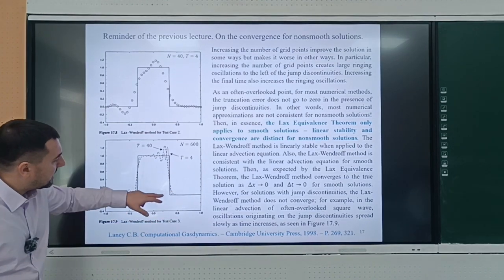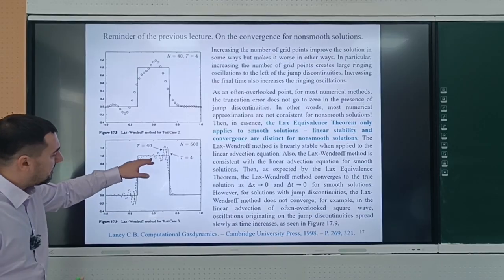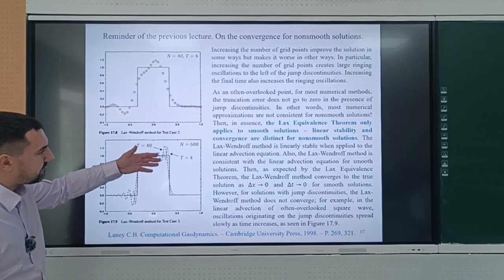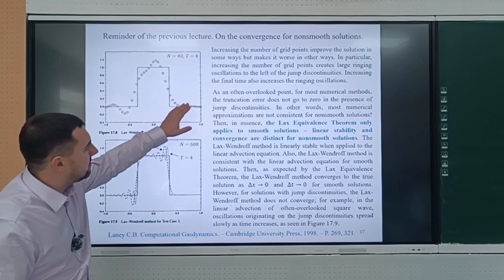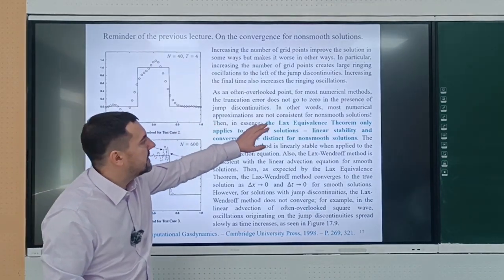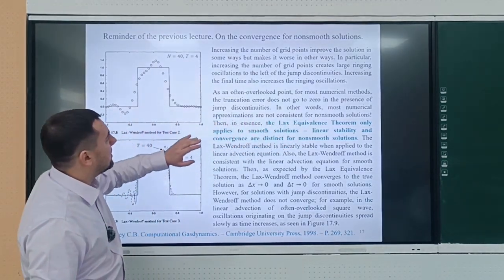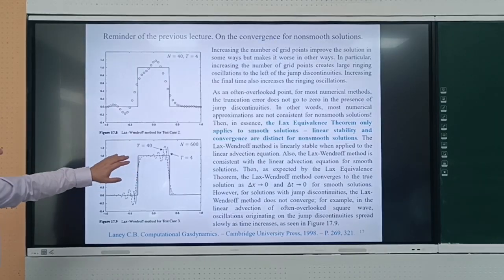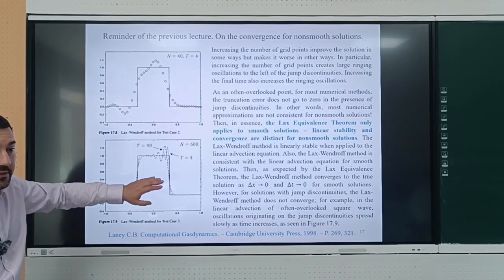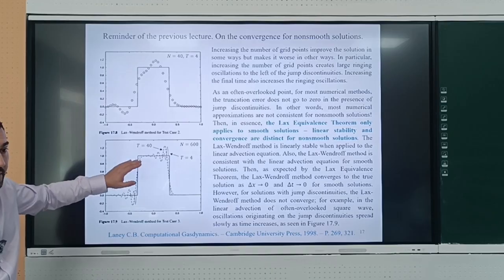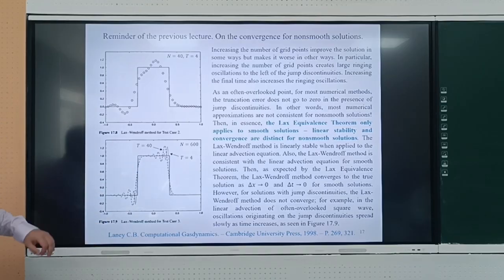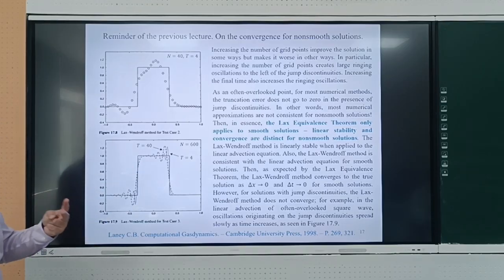But in the presence of discontinuities, it can be shown that most numerical approximations are not consistent for non-smooth solutions. So, for example, the Lax-Wendroff method does not converge in the presence of discontinuities.